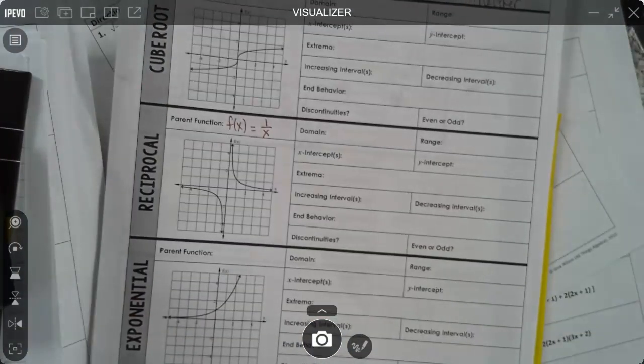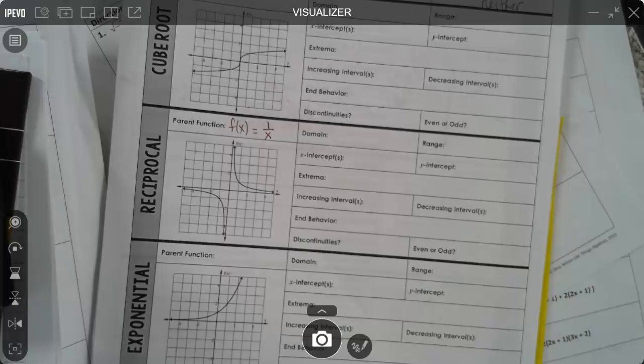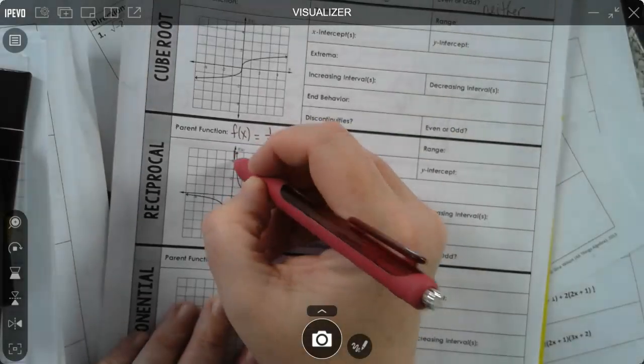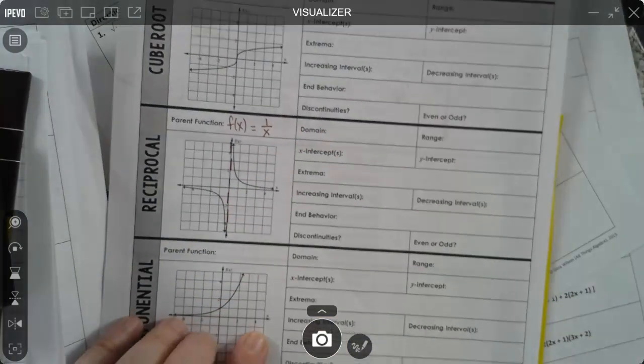Now, when you think about this, what can you never divide by in a fraction? What causes you to be undefined? 0. 0 causes what we call an asymptote, and this time a vertical asymptote. X can never be 0 in this case. So there is a vertical asymptote that you don't see on here, but it's there.